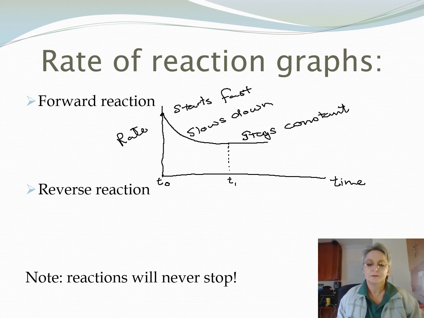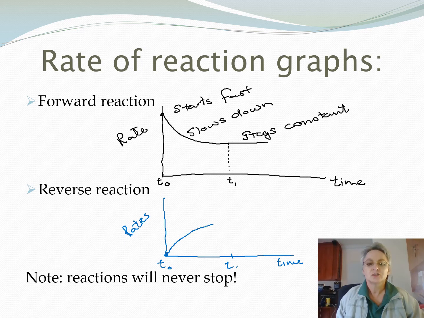Right, what will happen to the reverse reaction rate? If we go to the reverse reaction, we would most probably start with none of the products. So starting with no products, the rate of production of products is fast, and it slows down until it reaches a constant rate.